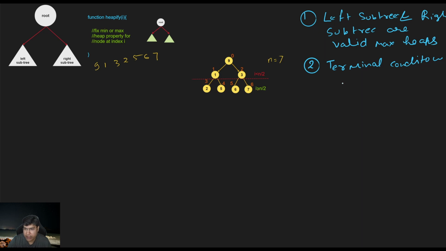So the terminal condition is whenever the root is in its correct position. If the root is already in its correct position, then we can end calling heapify, or we can return from the function.